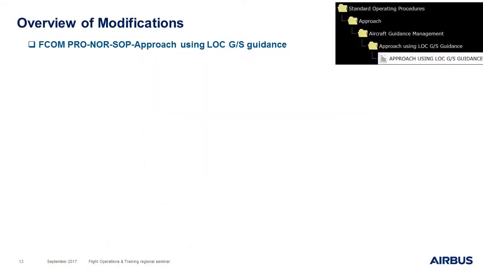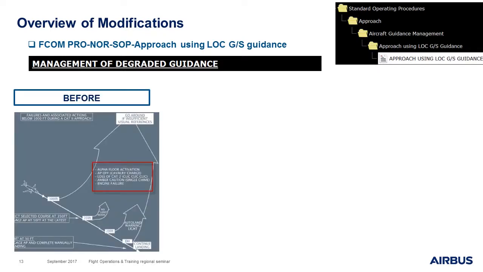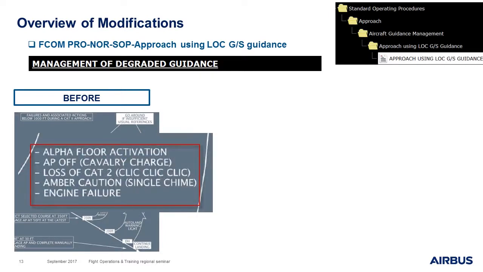So we are still in the approach using log glide slope guidance section. And we now speak about the management of degraded guidance. As you have seen before, these were the triggers of actions during CAT2, CAT3 approaches regarding the failures.